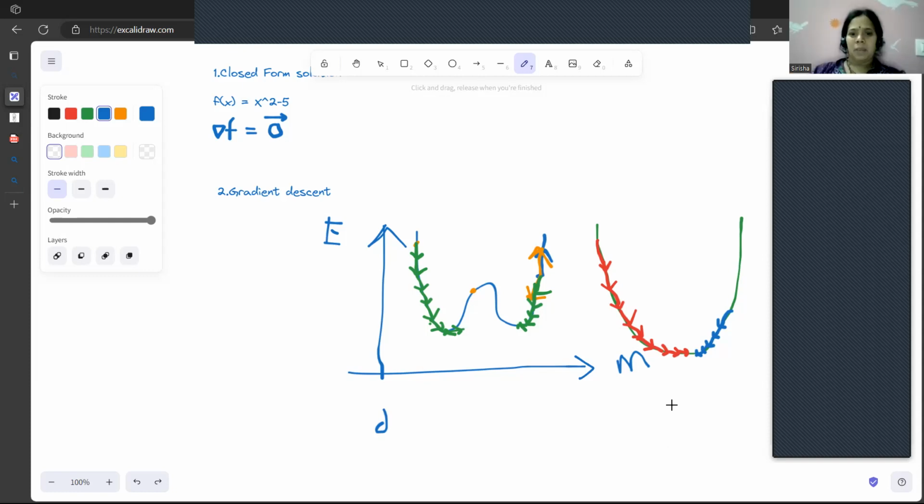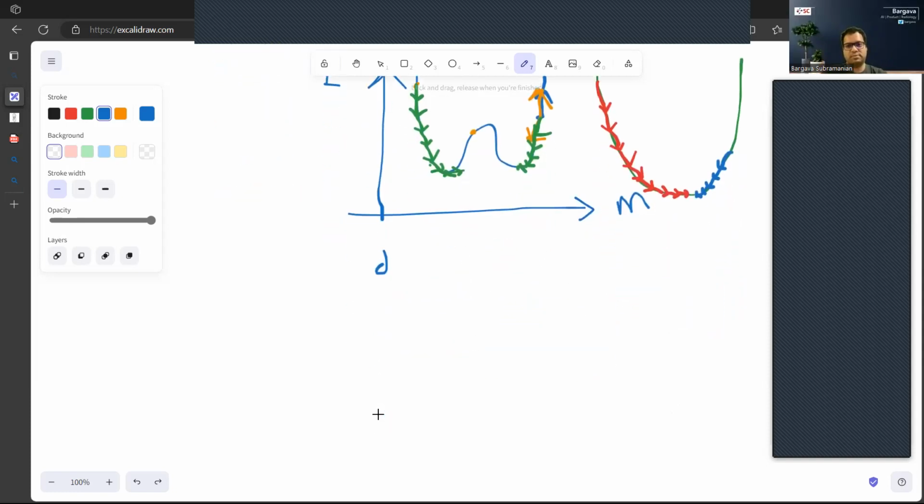Gradient descent means taking one point and reducing that value to find the minima, right? We discussed this in the last session. So always remember dy by dx equal to 0 is the approach you would take to find the minima. That's what we are trying to do.